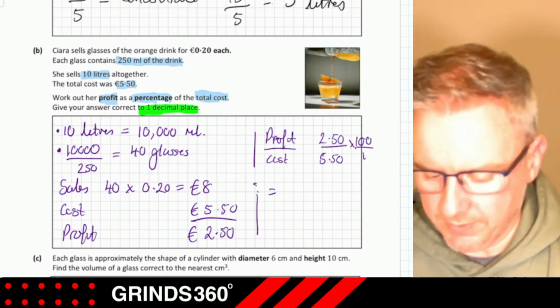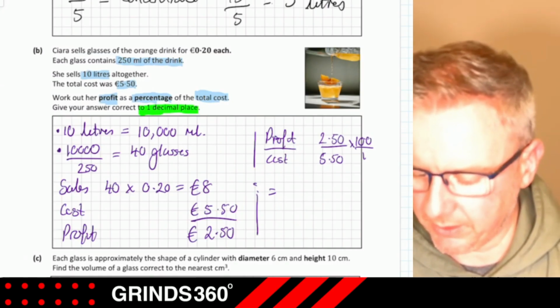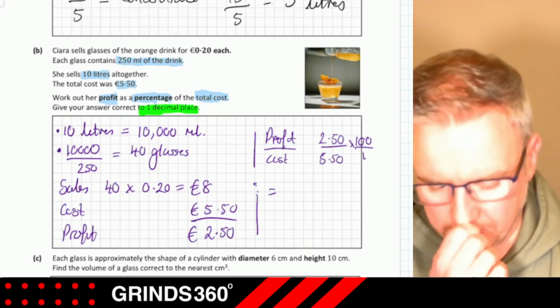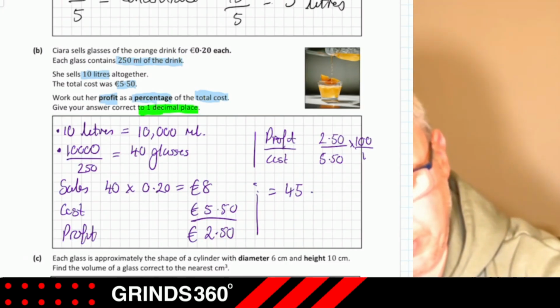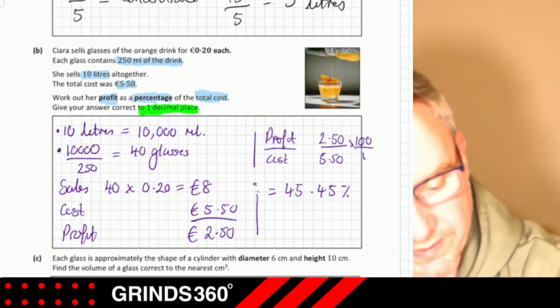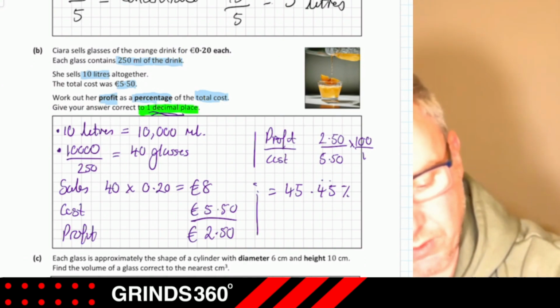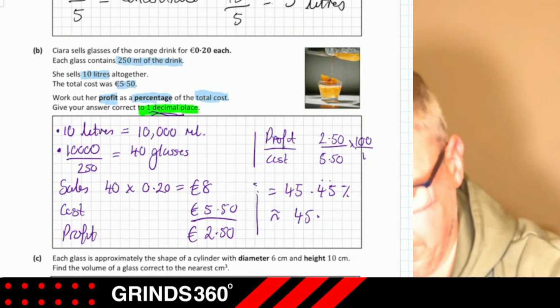Okay, so you start it off, so it's your 250 divided by 550, and you're going to multiply that by 100/1. So you can see there that it's 45.45 percent. Now, what does it say to do? Correct to one decimal place. So that's approximately 45.5%.